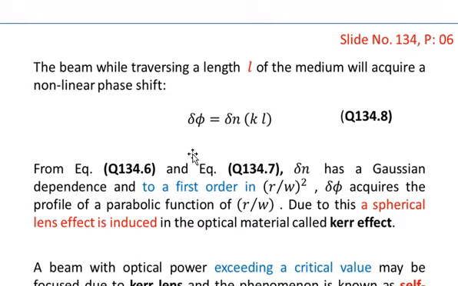You need to put delta phi in the form of e to the power iota k over 2f, similar to the form of the lens there. I would suggest that if you want to see the details of how the spherical lens focuses the beam incident on it, you consult my slides on Fourier optics relevant to spherical lenses.